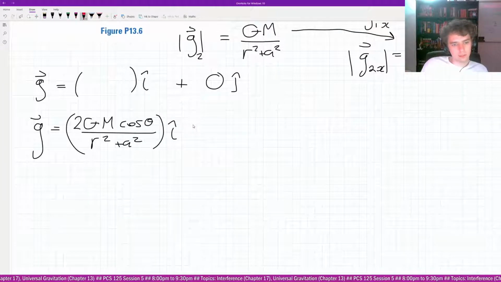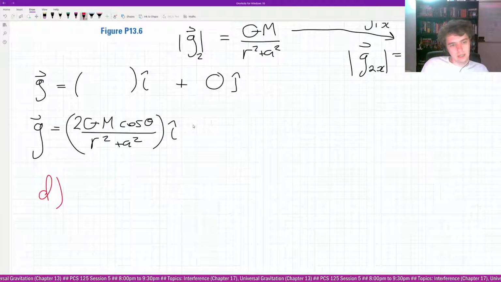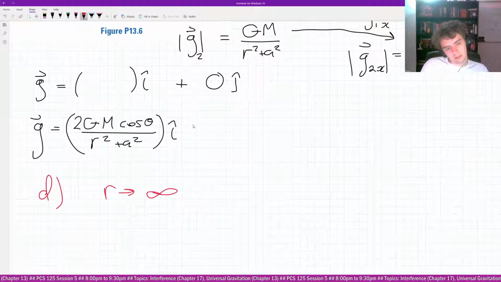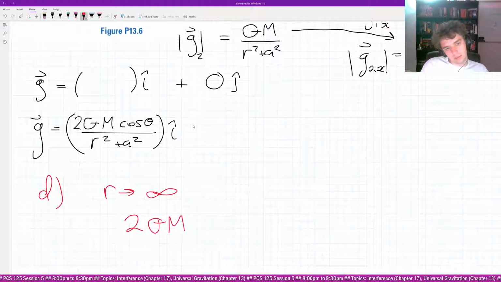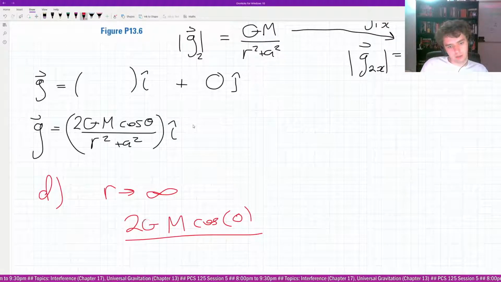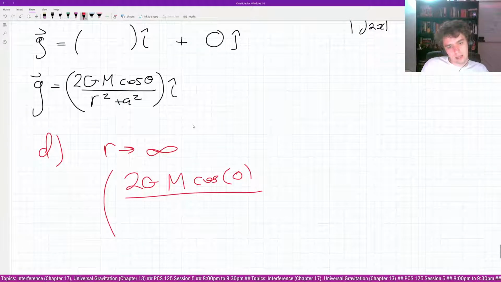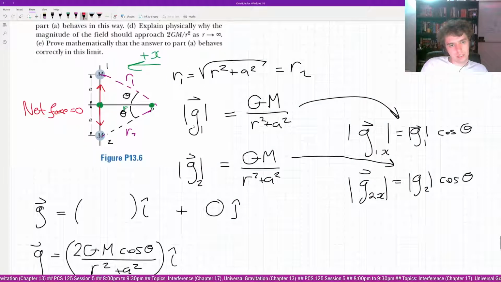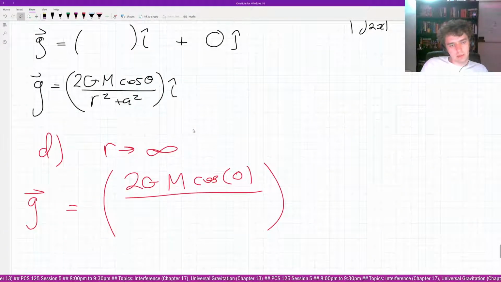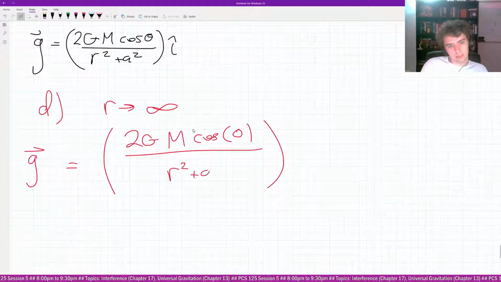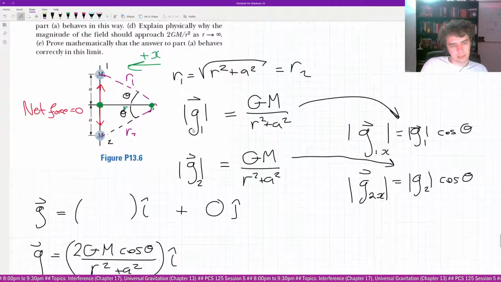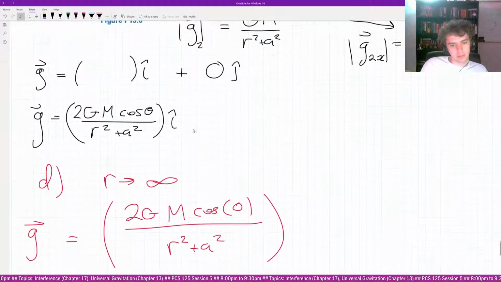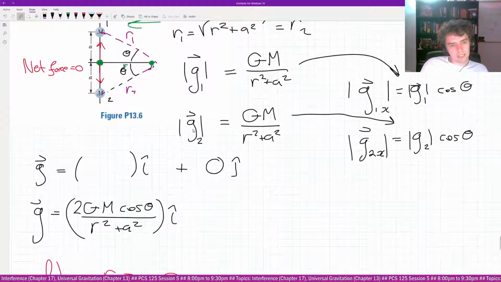So we have 2GM over cosine of 0. 2 is not affected, G is not affected, and M is not affected by distance. So cosine of 0 is 1, so the cosine leaves from the top. In the denominator, you just get r squared plus a squared. A is not affected, right?